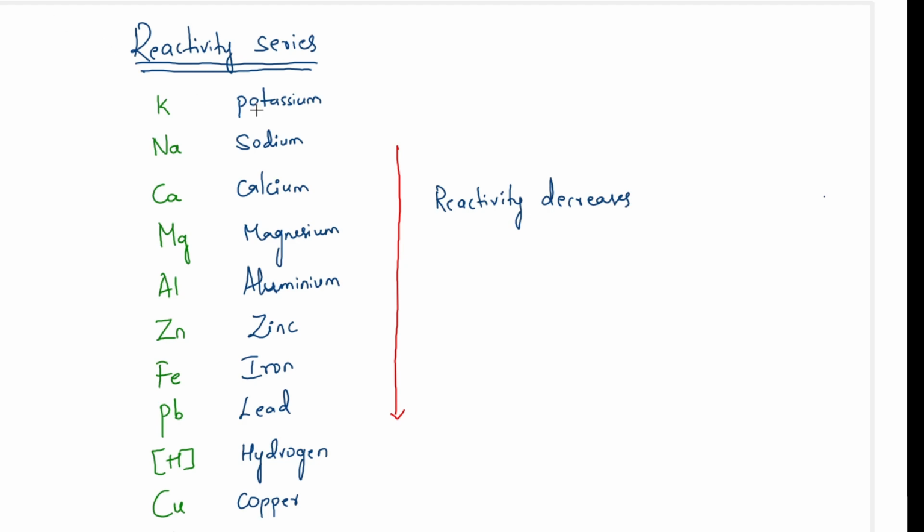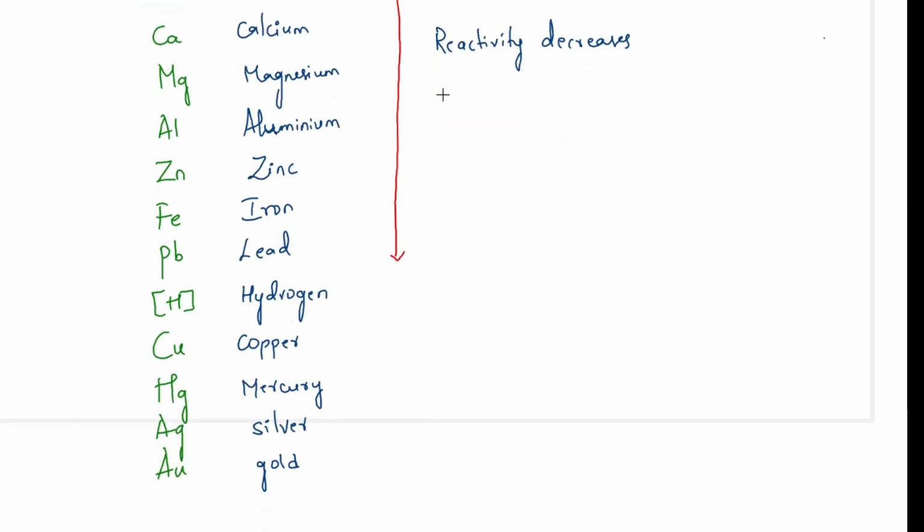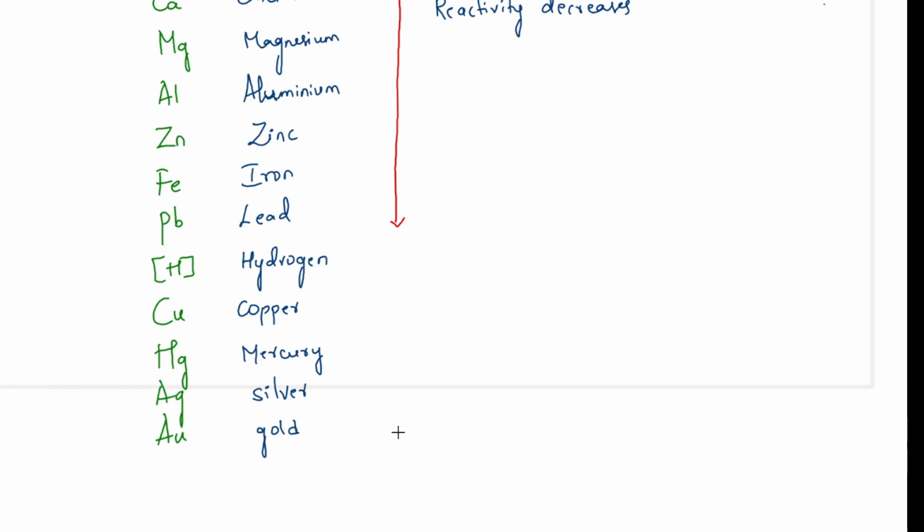So you can say that this potassium is most reactive. And as you move down, you can see here gold is very least reactive. And here hydrogen is also placed in between these metals, that is lead and copper.